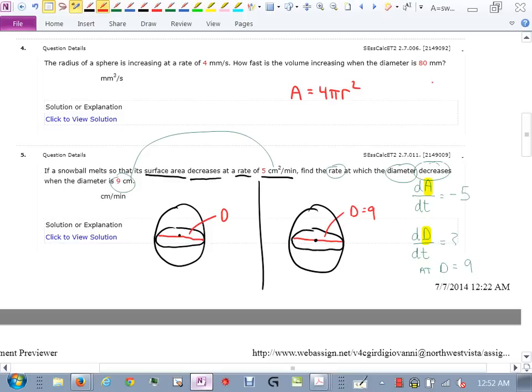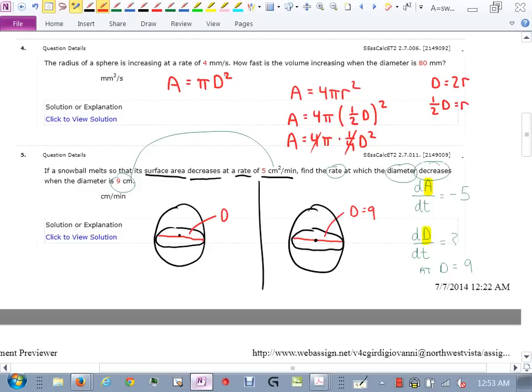The diameter is always twice the radius, or you could say take half of the diameter and that's your radius. So I'm going to take my formula, A equals 4 pi, and replace my radius with half the diameter, squared. Now I'm going to square it. So 4 pi, when I square 1/2, I get 1/4. When I square D, I get D squared. The 4's cancel, and what you're left with is A equals pi D squared, and that's our formula.